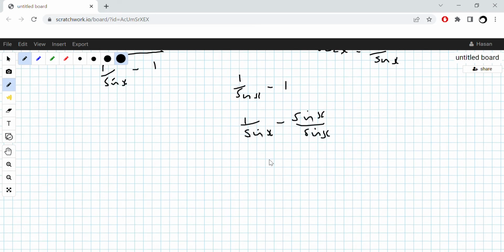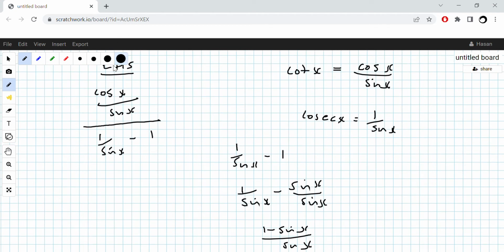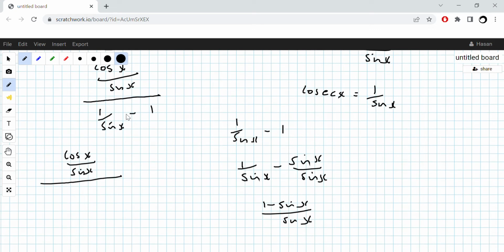This then gives us 1 minus sine x over sine x. So now we can rewrite this whole expression as cos x over sine x all over 1 minus sine x over sine x.